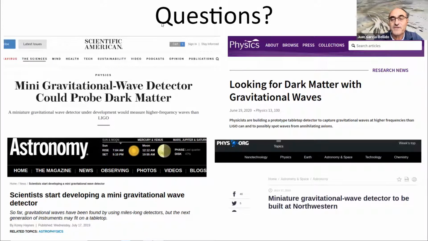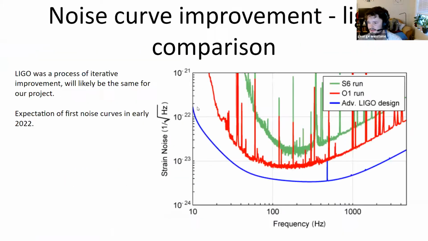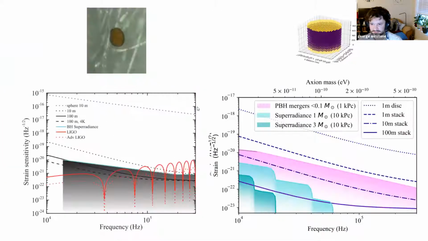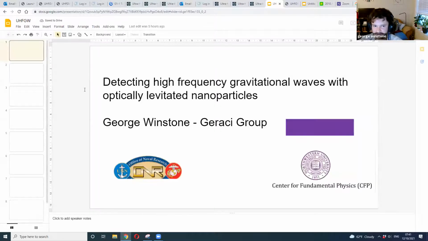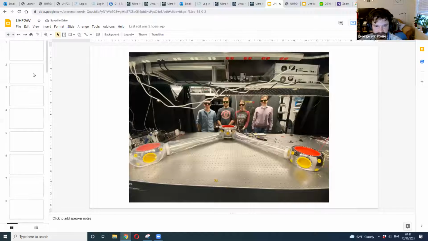So what prevents you from going all the way to megahertz or above? Is that thermal fluctuations? So really what happens there is that the mechanical resonance of these particles is basically set by the optics, and it's set by the refractive index of the particle.